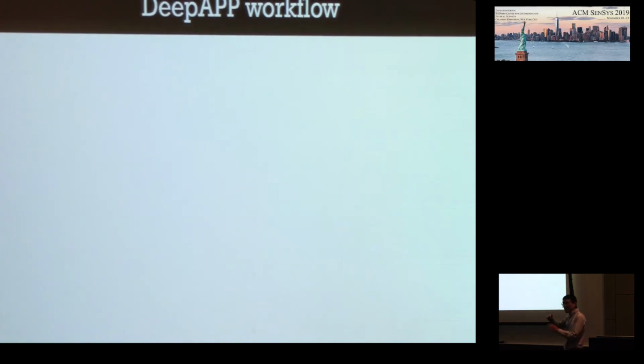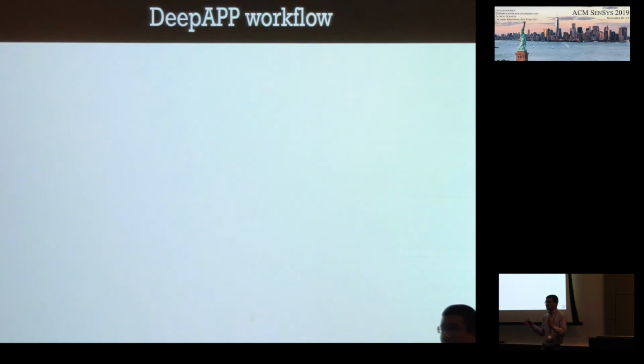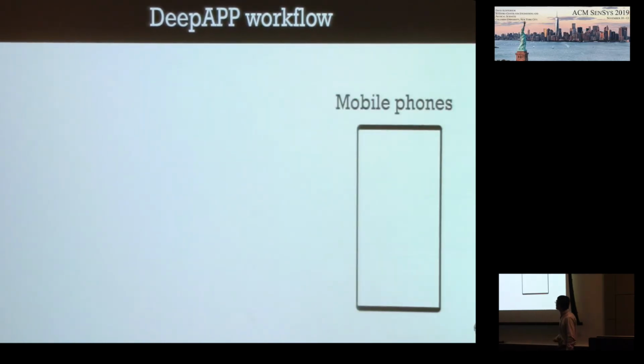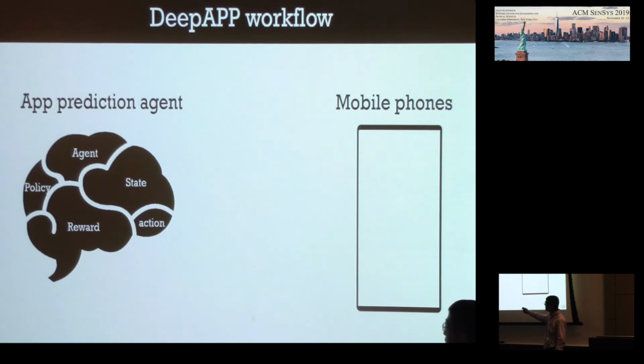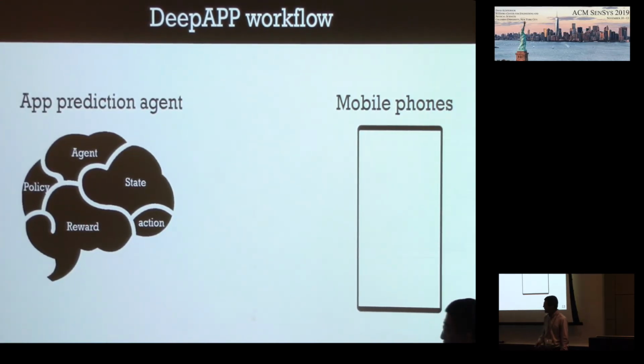Okay, so suppose that now we have a neural network already, we have already trained the network. So now the workflow of our system is very simple. We have a mobile phone and we have a trained neural network. It is an application prediction agent. In the agent we have the input state, and we have the actions, and we also have the reward function to do the agent updating, right?